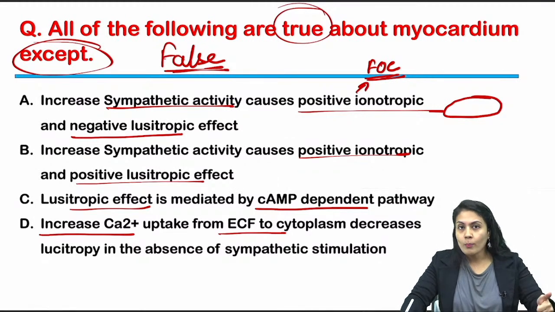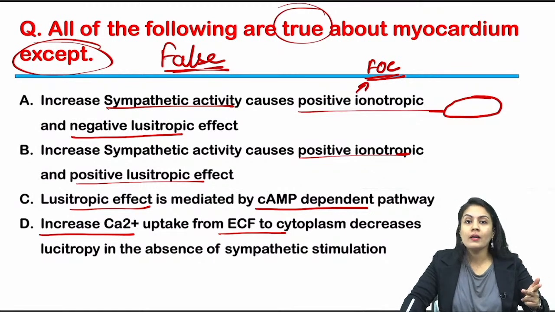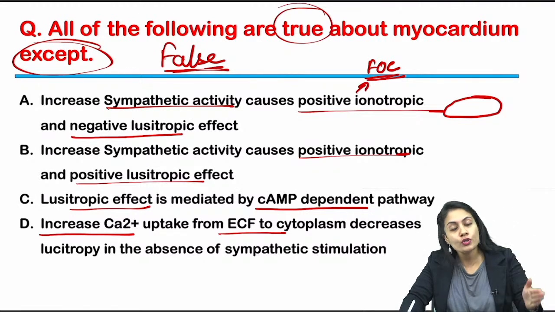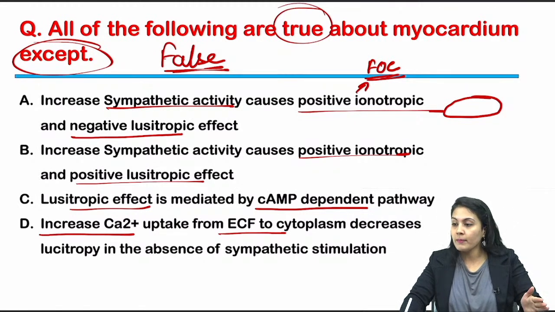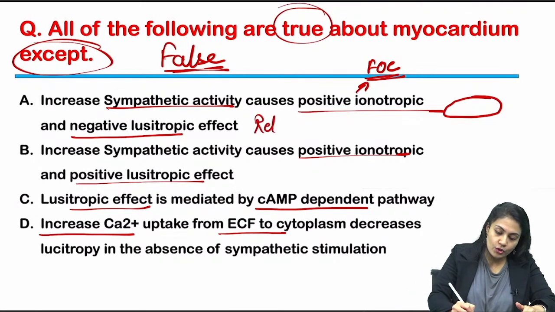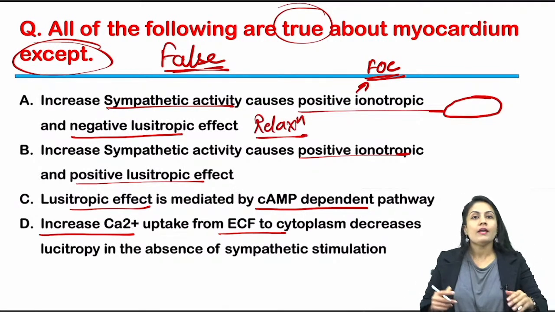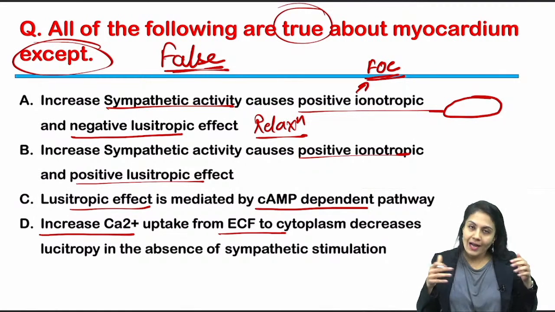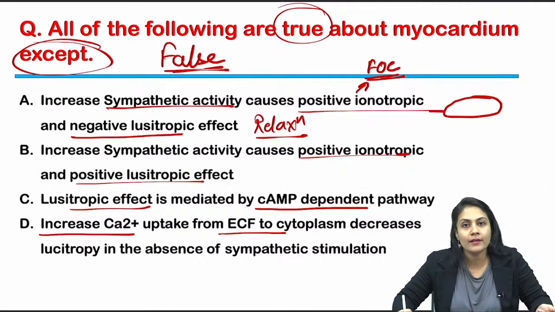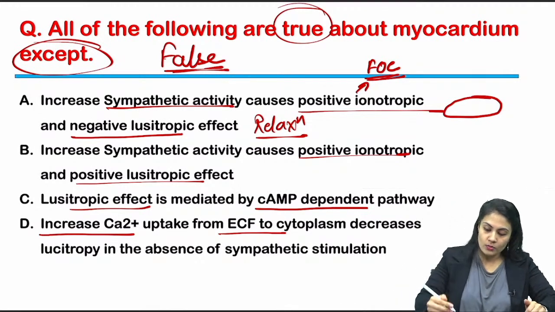Positive inotropic, positive bathmotropic, positive dromotropic, positive chronotropic, and even the positive lusotropic. Lusotropic means the relaxation of the muscle. If you are contracting quicker, you have to relax the muscle quicker, otherwise it won't be able to contract in the next cycle, isn't it? So what is going to happen over here?